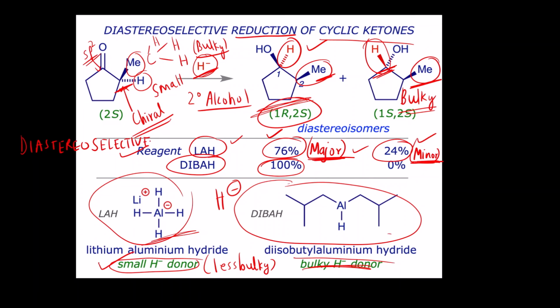One isomer is selectively formed as a major product. So this reaction is an example of diastereoselective. If I talk about DIBAL-H, only one diastereomer is formed. Then that second reaction is an example of diastereospecific, because only one isomer is formed, and it is a diastereomer.